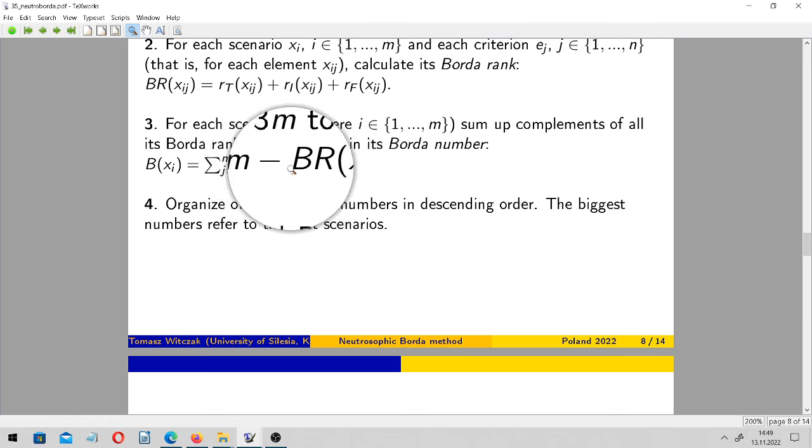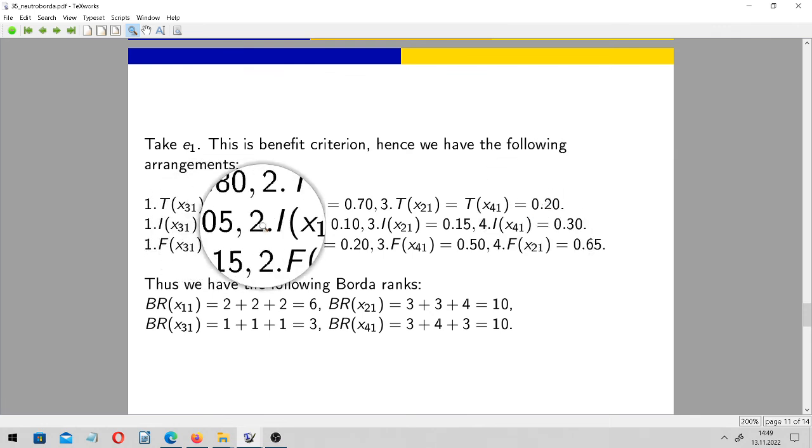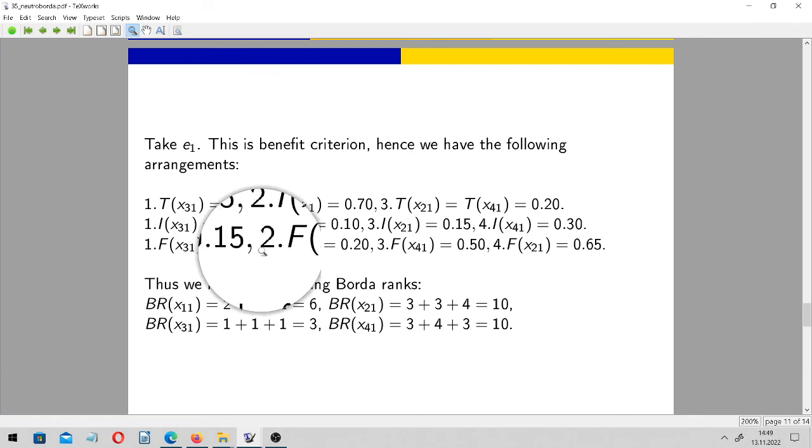So I can admit that it's some kind of imperfection of this algorithm in its basic form. As you can see, here we have only 3 possible places, not 4, because 2 scenarios have the same degree of truth with respect to this criterion, 0.20. Then we calculate the ordering for indeterminacies and for falsities.